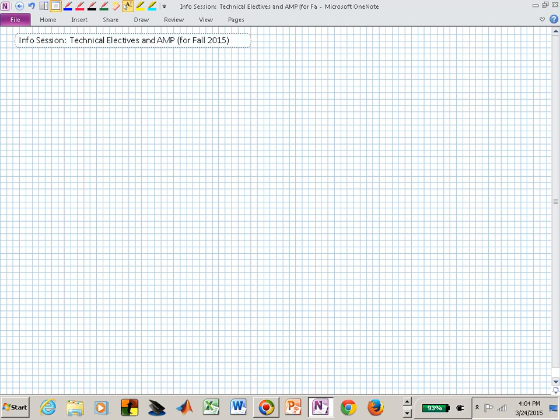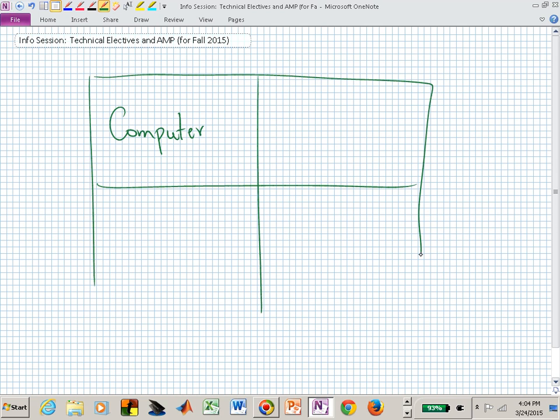Let's then start by reminding ourselves what we have to pick from or how we might be organized. We've, in a sense, organized our discipline of electrical and computer engineering here into 4 different pieces. We have a computer engineering component.